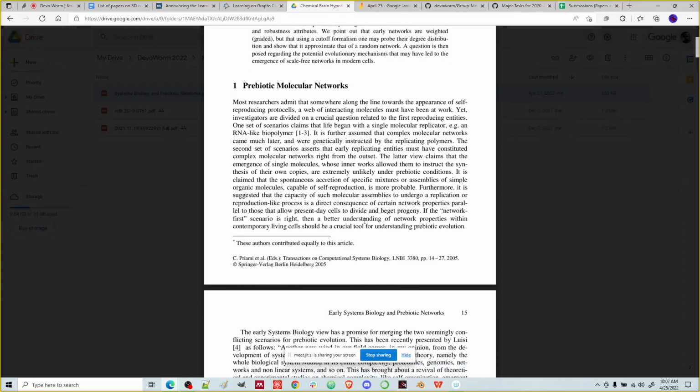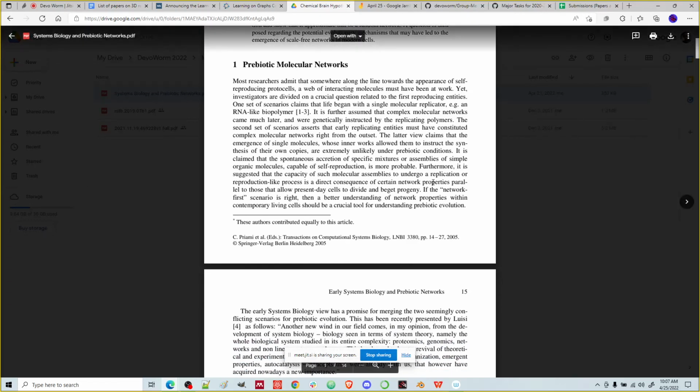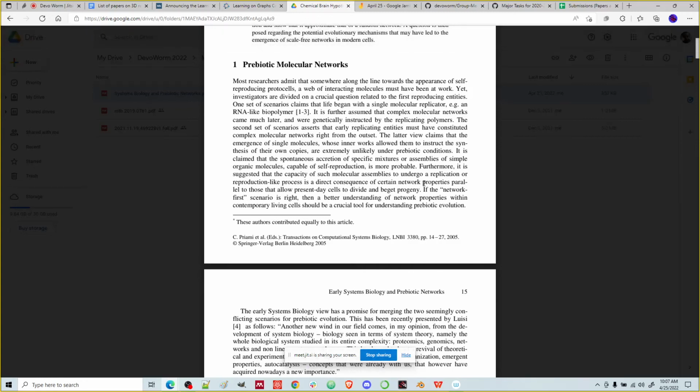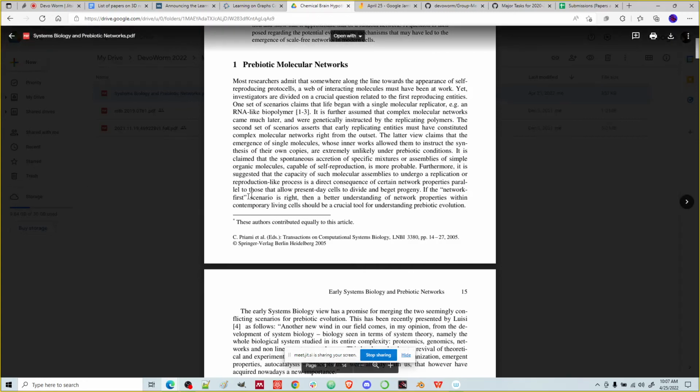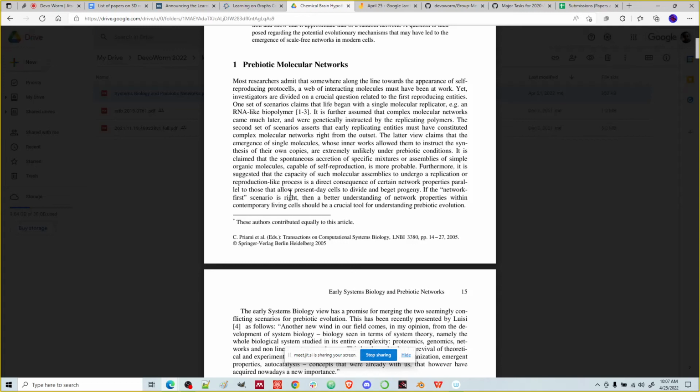And so this is dependent on these assemblies having a certain set of network properties. So these are something that mimic present-day cells. So basically what they're saying here is that the metabolic networks that were in this early stage not only mimic what we see in modern-day networks in cells, in metabolic networks, but that this is something that's probably the way that this works. I mean, there's no other alternate way.